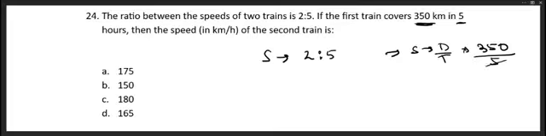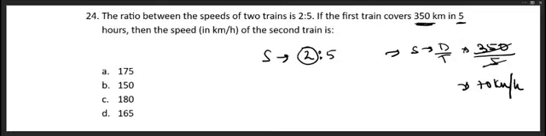We are given the distance covered by the first train and the time taken by the first train. From here we can calculate the speed of the first train. Speed is equal to distance upon time, that is 350 upon 5. The speed of the first train is 70 km per hour.